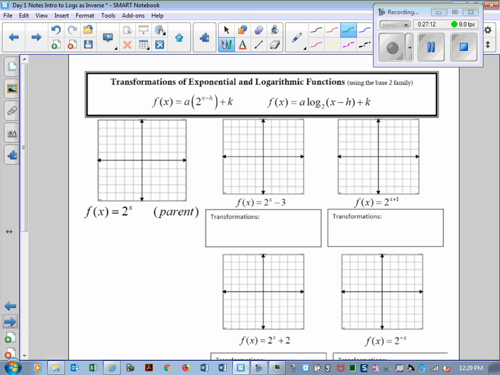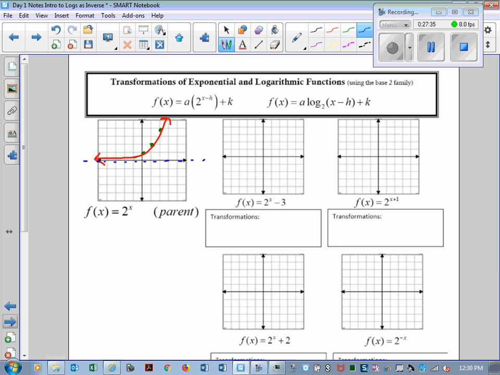So, parent function, we just graphed this. Should take you 2 seconds to put it on the graph again. Alright, there's our parent function.